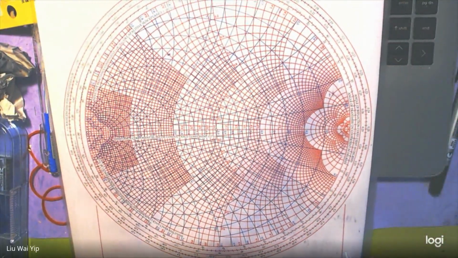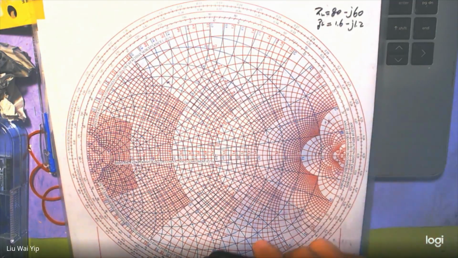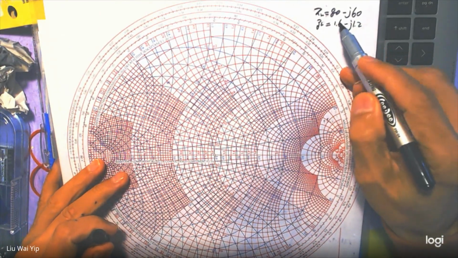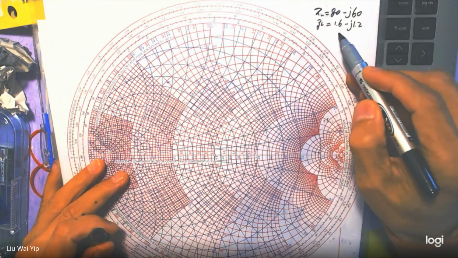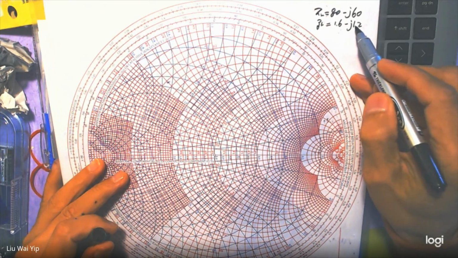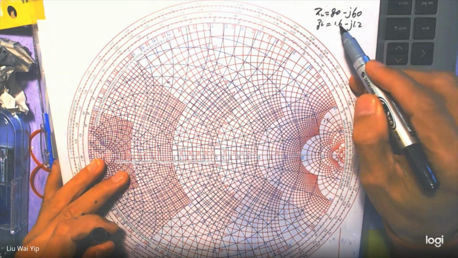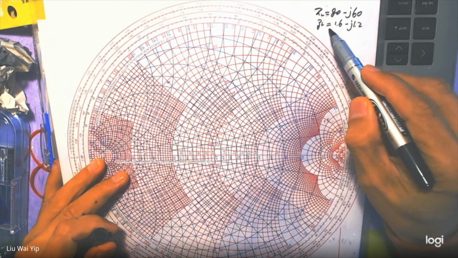To start with, you are given the load impedance 80 minus j60, and after normalizing the load impedance to 50 ohm, you get 1.6 minus j1.2. So your first job is to locate the point where the normalized load impedance is.